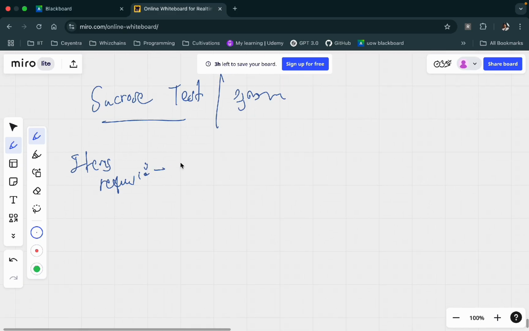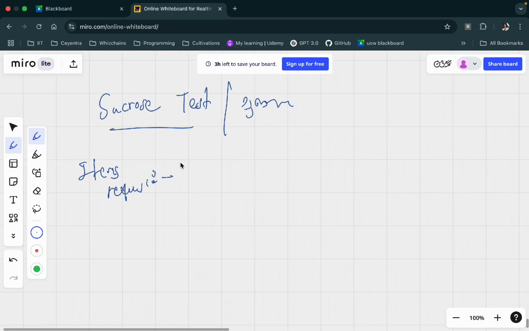So here's a small tip for you guys to remember the items that we need for the sucrose test.